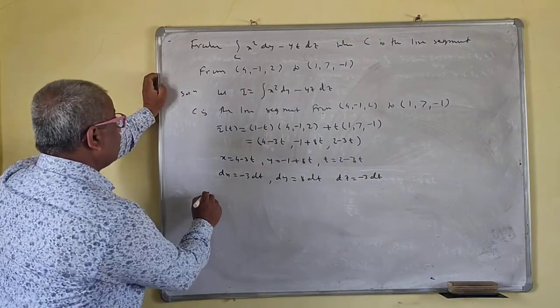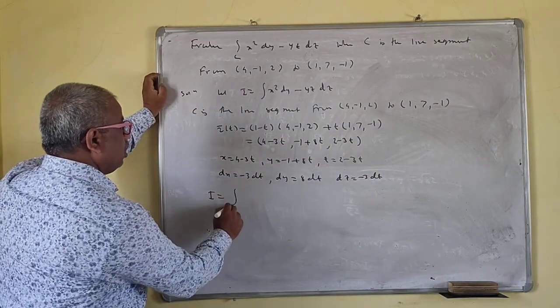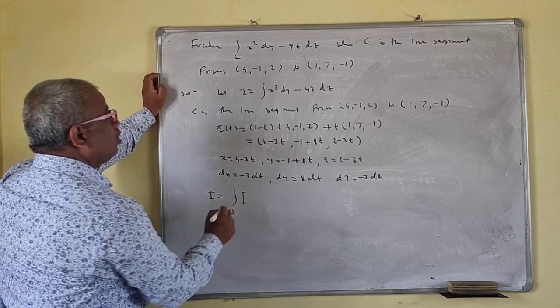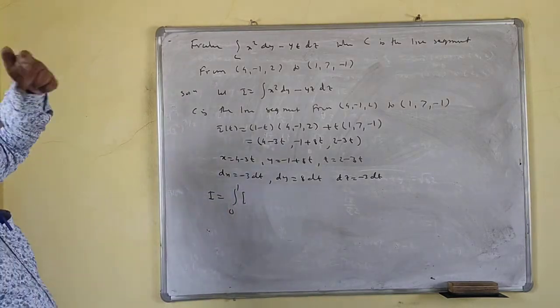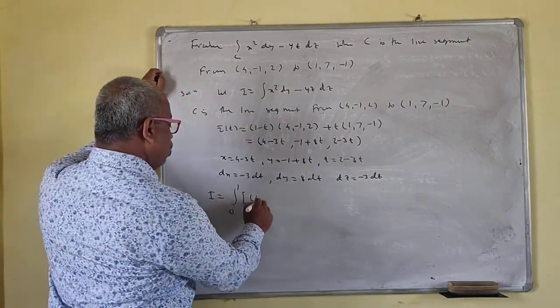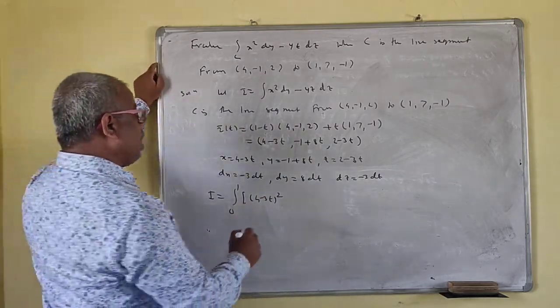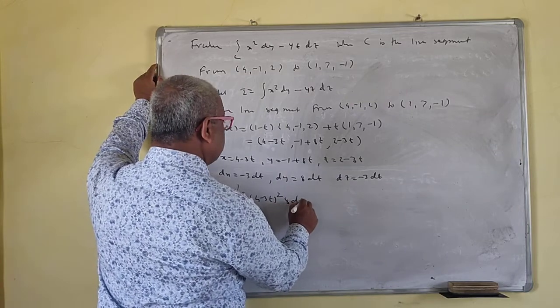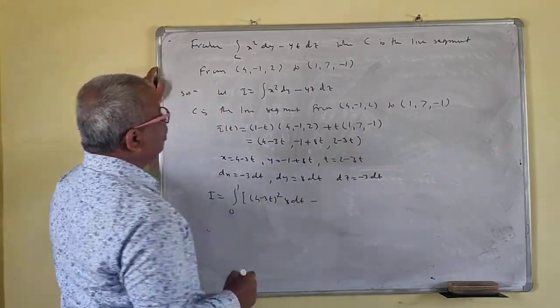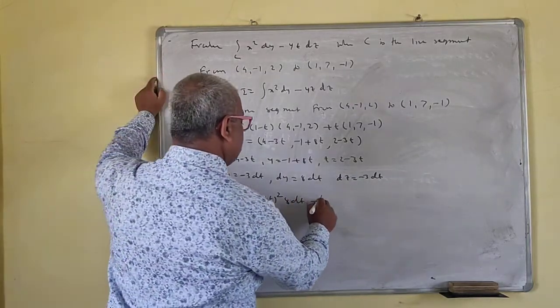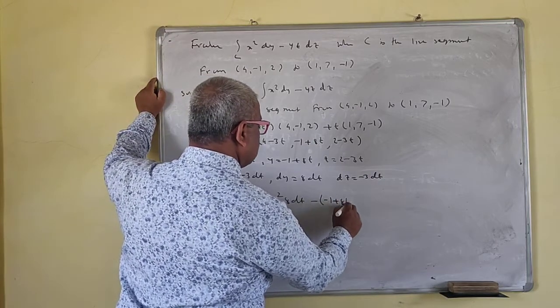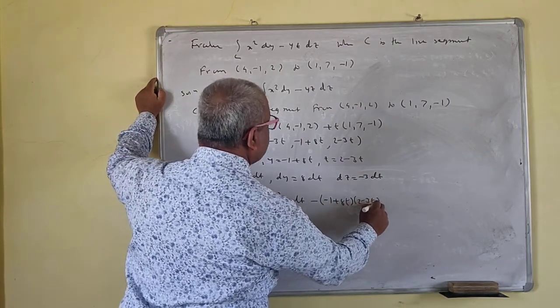Okay, we'll put now here I. I is equal to integration from 0 to 1. Okay, so x square, x is what? 4 minus 3t square. dy, what is dy? 8 dt minus yz, your y is what? Minus 1 plus 8t, 2 minus 3t, yz.